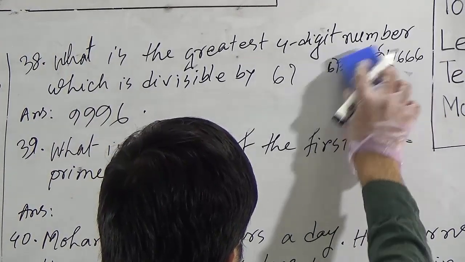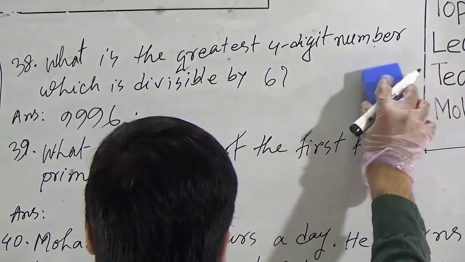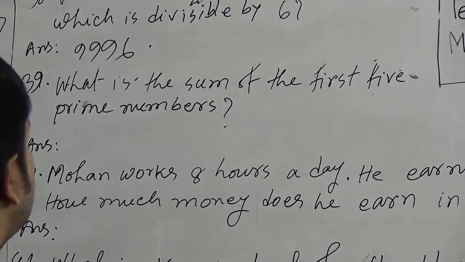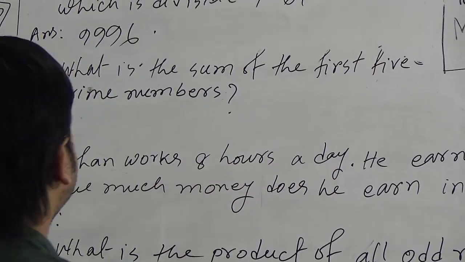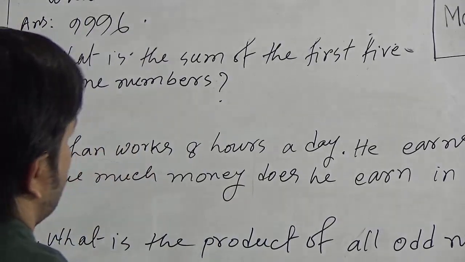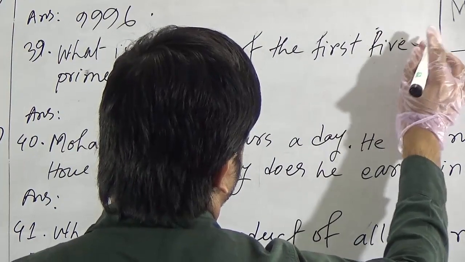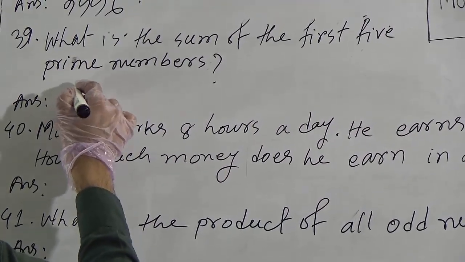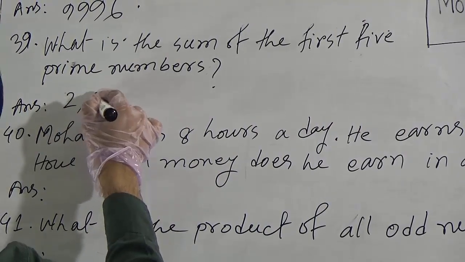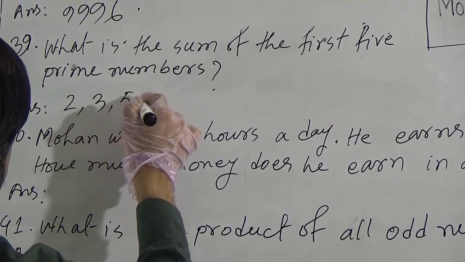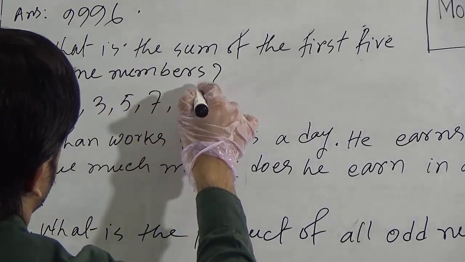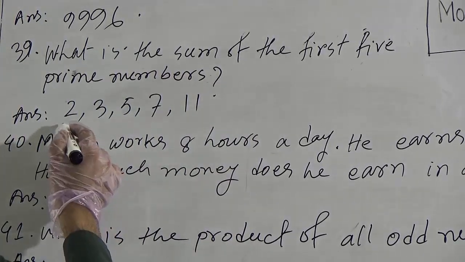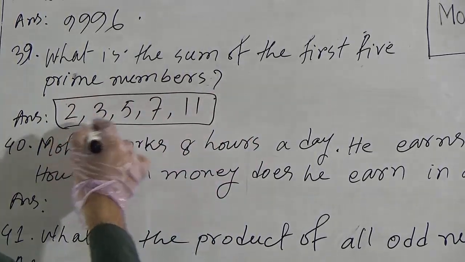Now the next number, 39. What is the sum of the first 5 prime numbers? The students, you know, prime numbers are 2, 3, 5, 7 and 11. These are the first 5 prime numbers.